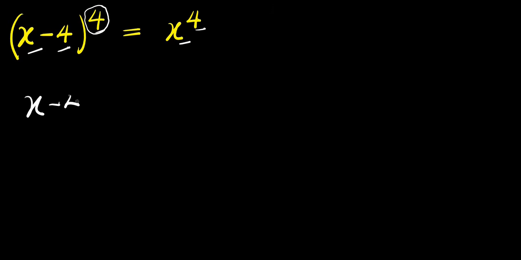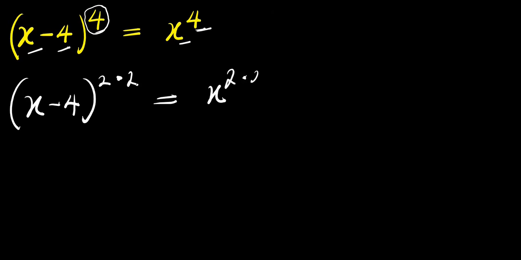We have (x - 4) raised to the power of 2 times 2. So this equals x to the power of, instead of writing 4 again, we also have 2 times 2. Now, if you have a^(m times n), this equals (a^m)^n.